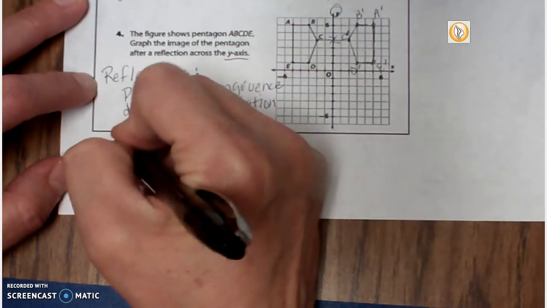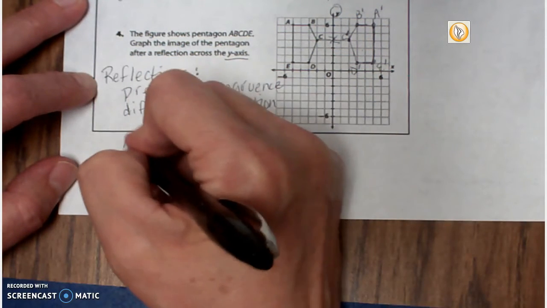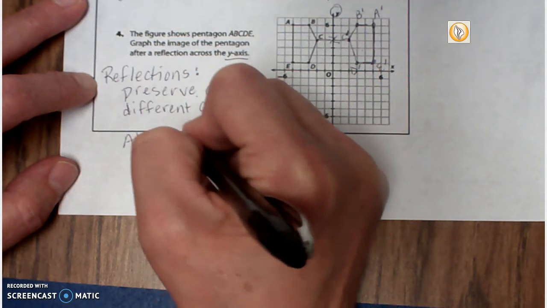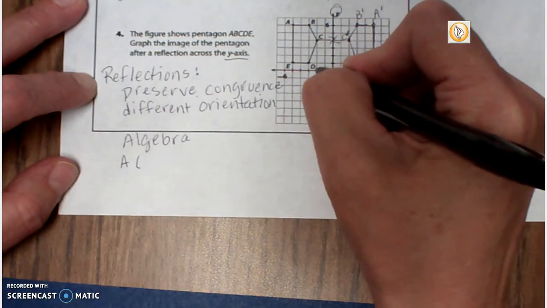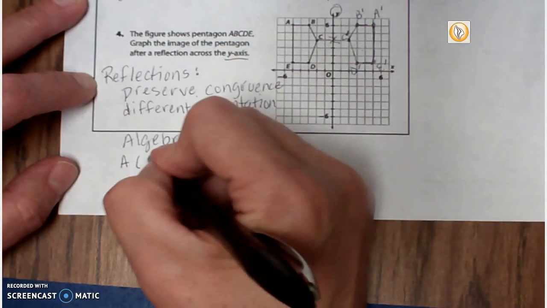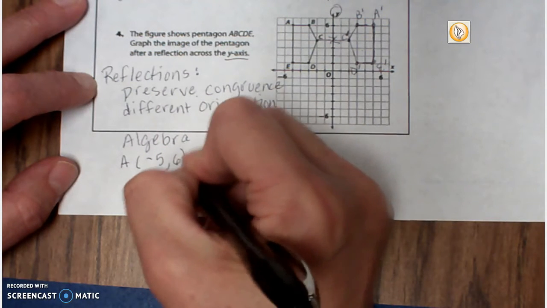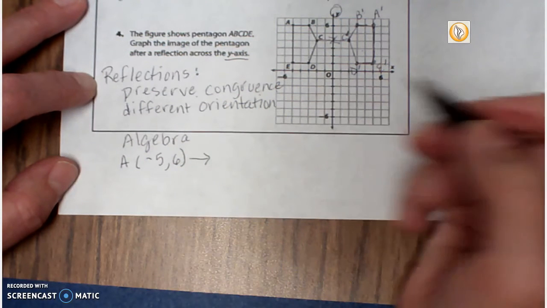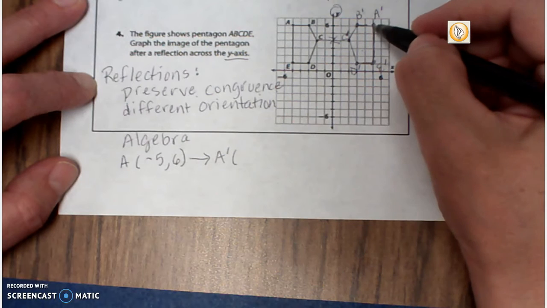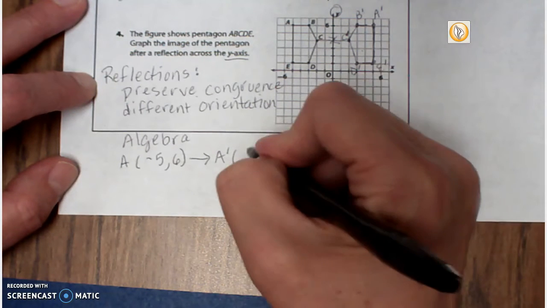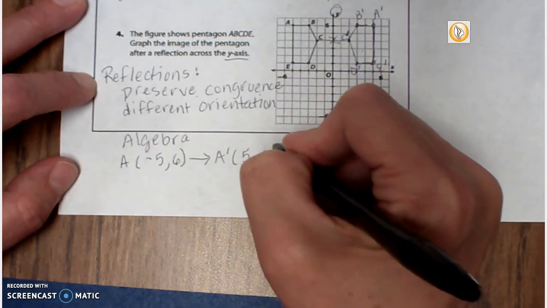Okay, we're going to look at the algebra part of reflections. And so I want you to just consider point A. Point A used to be at -5, 6. But when it reflects across Y, it becomes A prime, which is 5, 6.